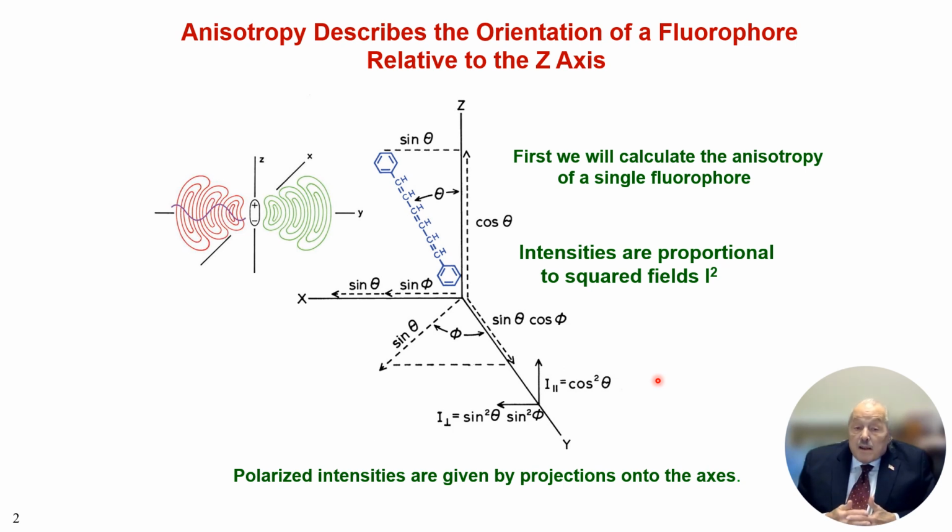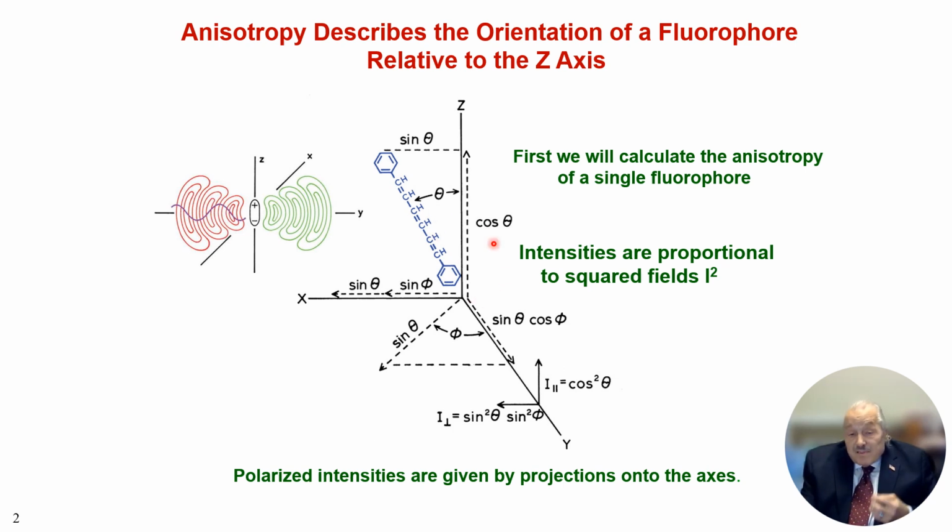What we're interested in really is the projection of the emission transition moment onto the z-axis and onto the x-axis. The x-axis is also going to represent the y-axis because we'll always have symmetry around the z-axis, and this cosine of theta is going to represent a cone that's being excited.